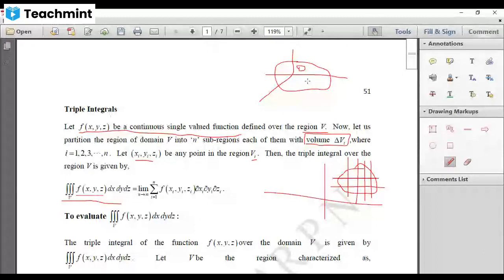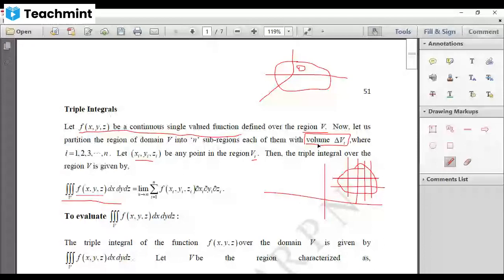Because it is in the space, we have to consider the z-axis also. So you'll have length, breadth and height for this region. All three will be there when you consider this in the space. You make the partition of that V into n regions, each of which has a volume delta Vi.